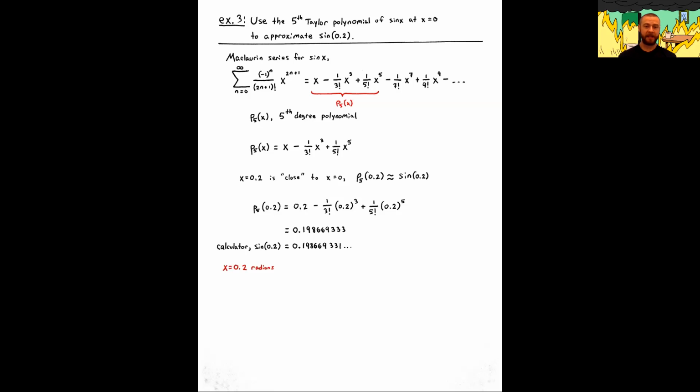And if you plug in sine of 0.2 radians, you get a remarkably close value to what we found with our fifth Taylor polynomial. It is pretty much almost the same up until that very last decimal place, at least of what my basic scientific calculator was able to display. It is practically the same value for all purposes related to science and engineering.